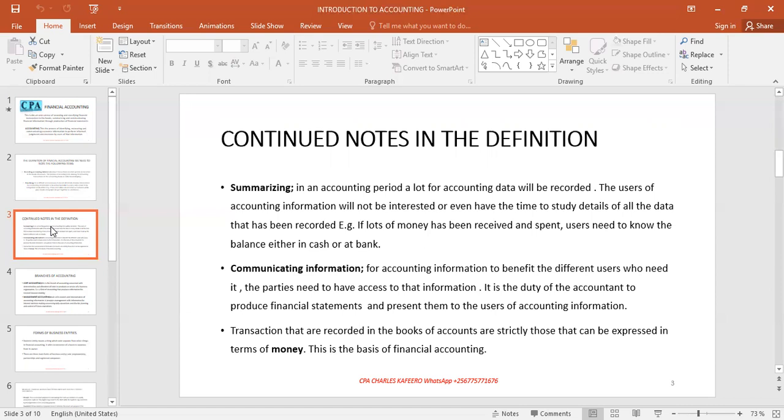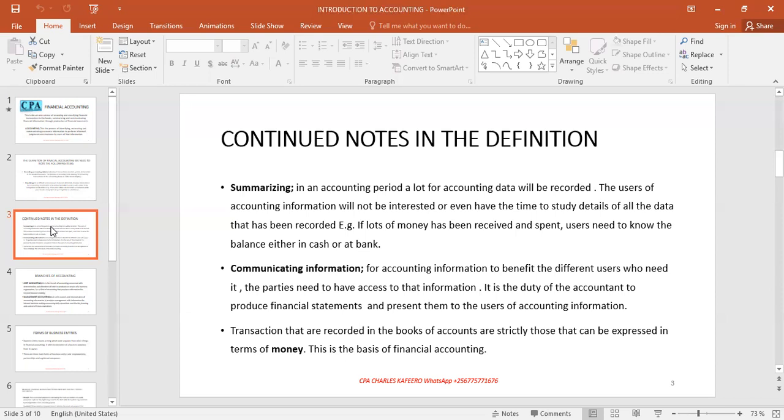If you have collected the information, analyzed everything, and presented the reports or the financial statements, you then communicate to the people who need that information.